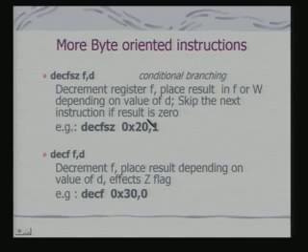Which result? After decrement, the result that you are getting, if that result is 0, then you skip the next instruction. So this is not just conditional branching, this is doing an arithmetic operation combined with conditional branching.